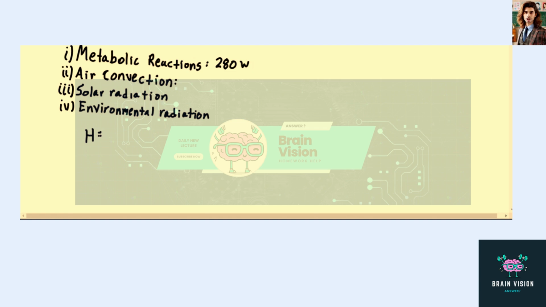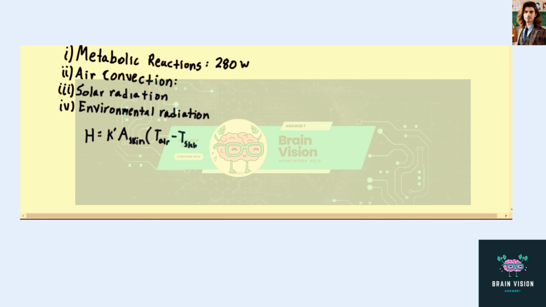The heat H is equal to K prime times the area of exposed skin, I'm just going to call A sub skin, times the temperature of the air minus the temperature of the skin.